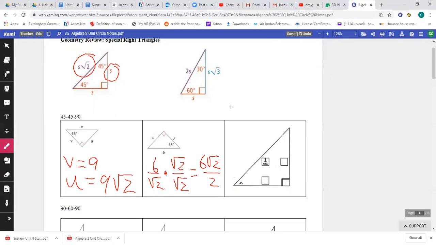And then you get your two legs here. If you simplify that, 3√2. So that was last Wednesday's lesson, right? If you want to get to the hypotenuse, you multiply by √2. If you have the hypotenuse and you want to get the leg, you divide by √2.